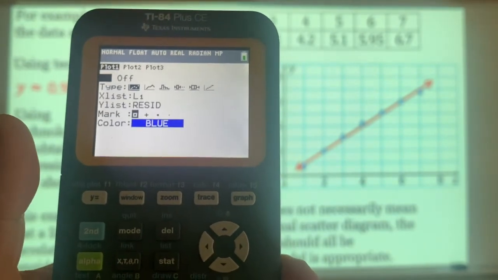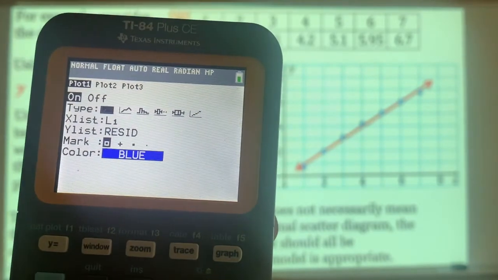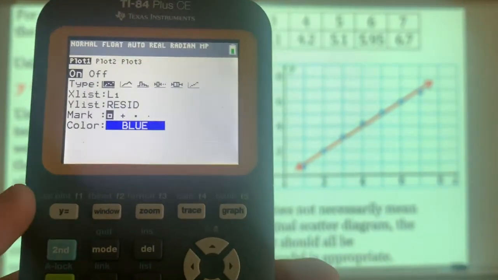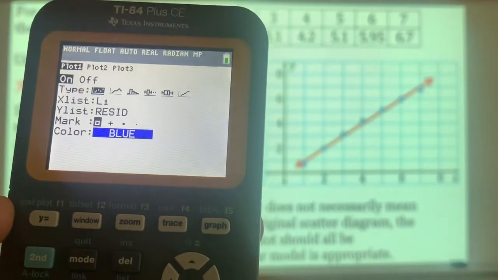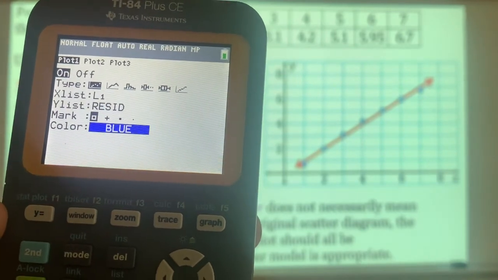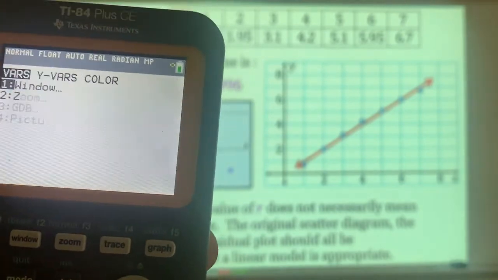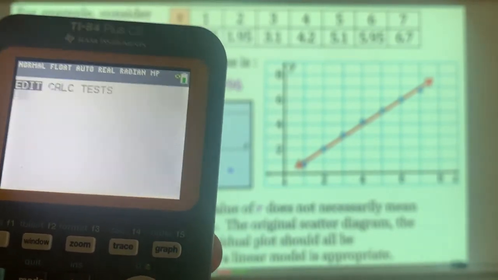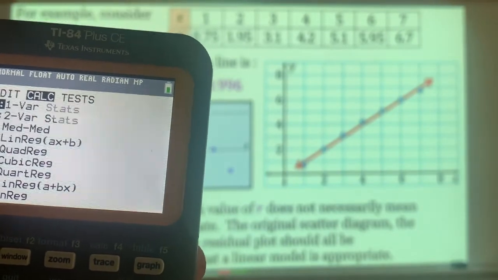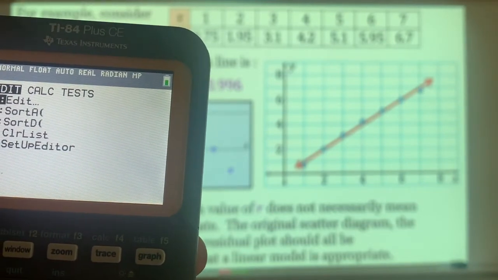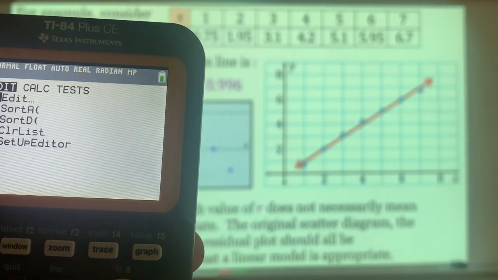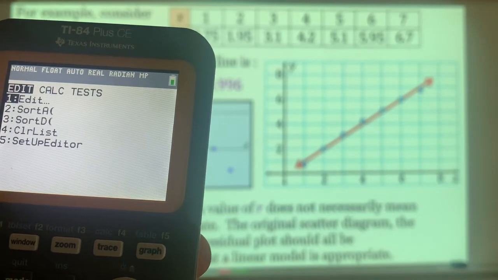Plot on. My y list is my residual, remember? Leave that as my residual. And in case you forgot how to get to the residuals, it is stat. Nope, not stat. Edit. Where was it? I just forgot what it was.